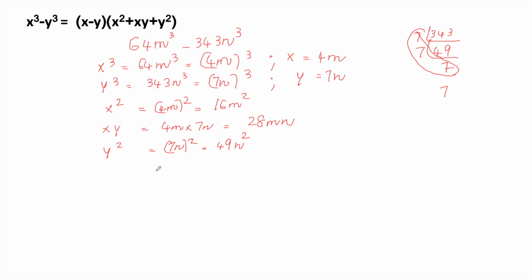X minus y, 4m minus 7n, into, what is the x square? 16m square plus xy, here it is 28mn, plus y square, here 49n square. So this is the factors for this polynomial.